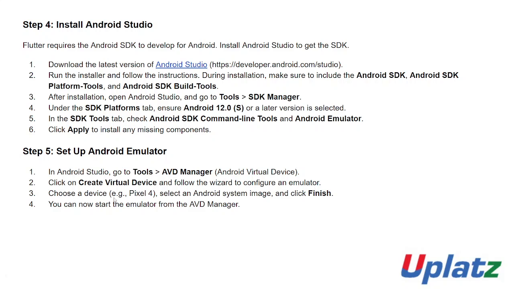Choose a device, for example Pixel 4 or Pixel 6, Pixel 8. Now Pixel 8 is running, Pixel 9 is coming. Select an Android system image and click Finish. You can now start the emulator from the AVD Manager.